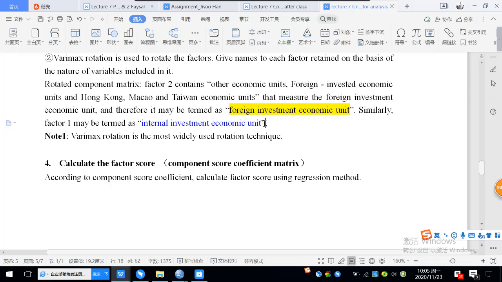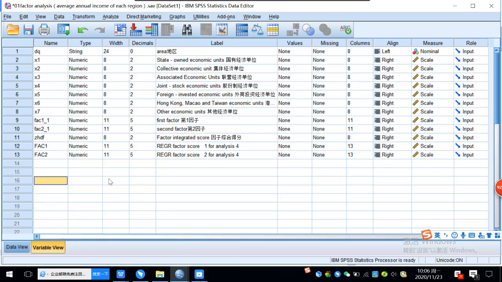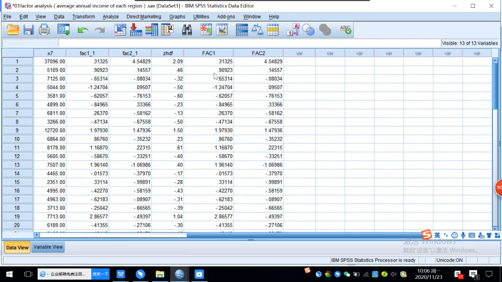Average level is 0. Okay. So when we look at here, we can see that some of them is more than 0 and some of them is minus. It's less than 0.